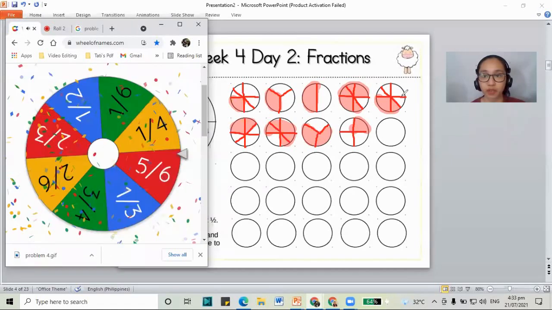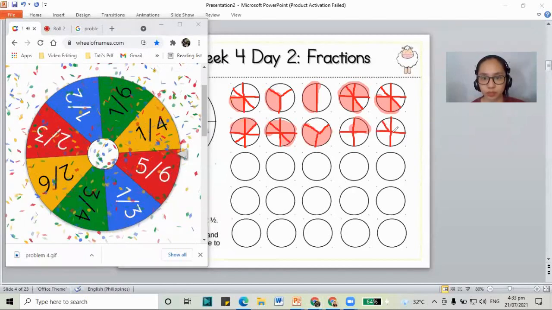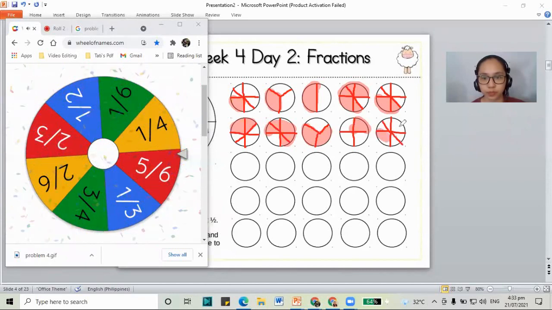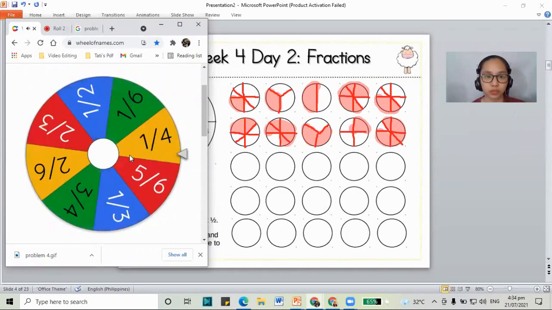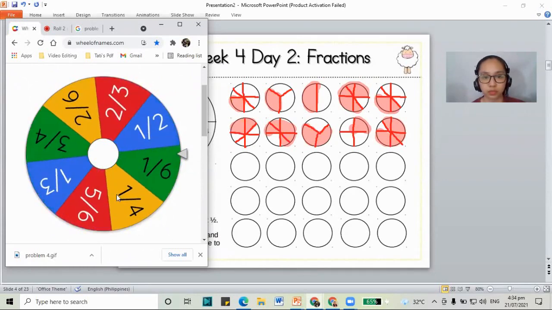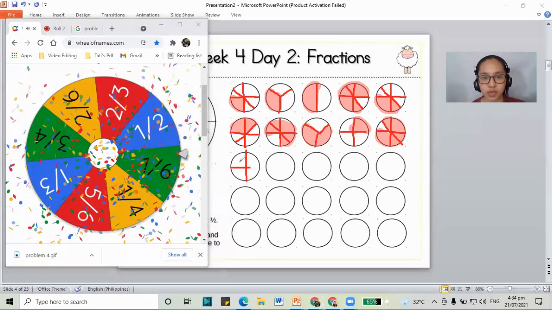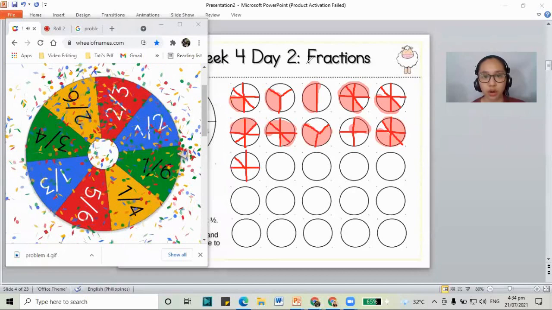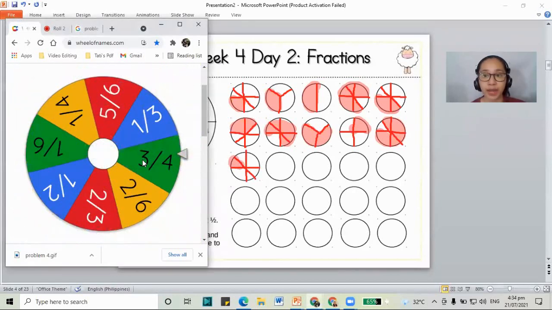This one is 5/6, 6 parts. And we color 5 of the parts there. The next one. One over 6. Let's color 1 part, one of the slices of pie.